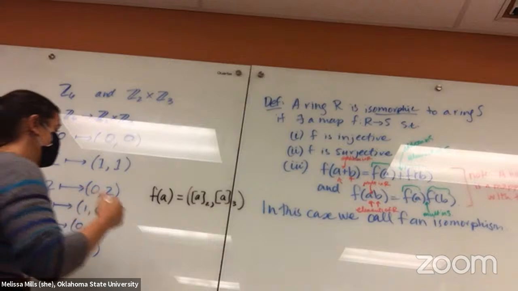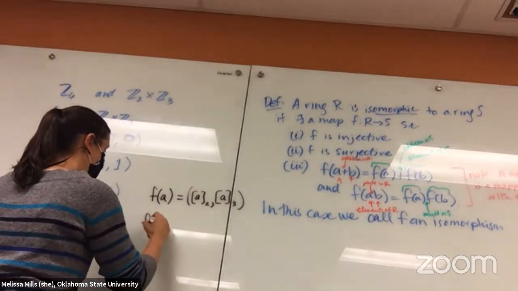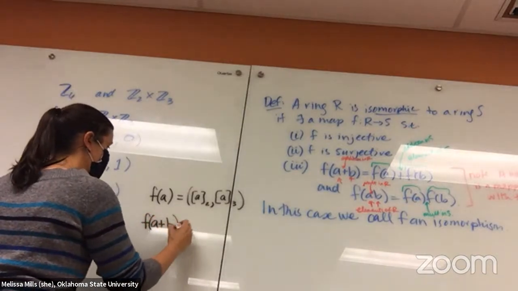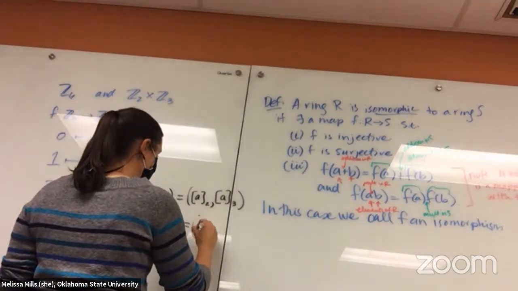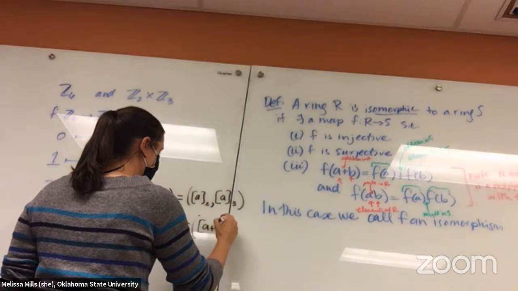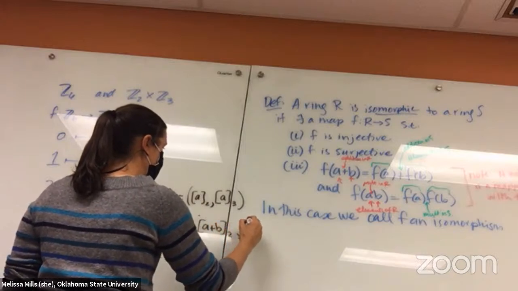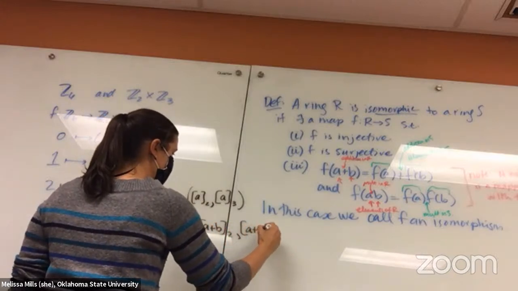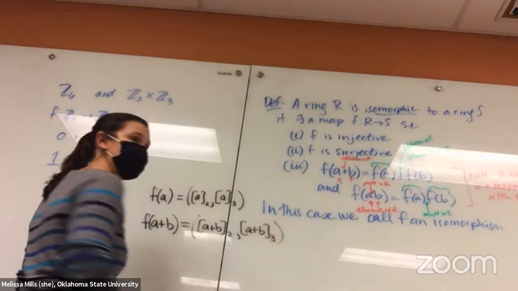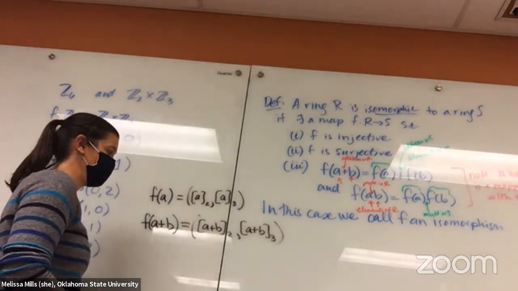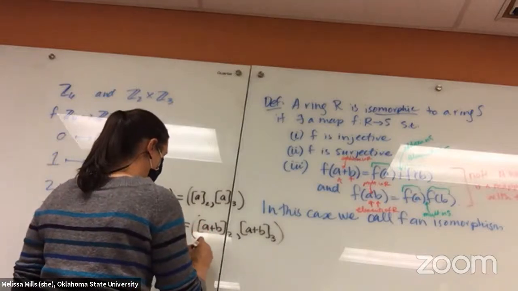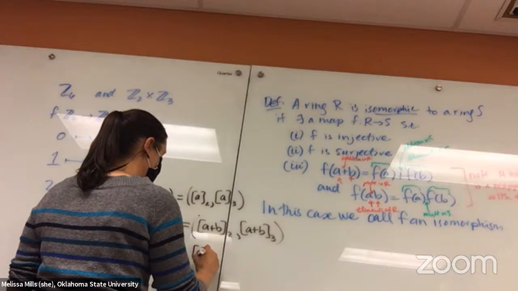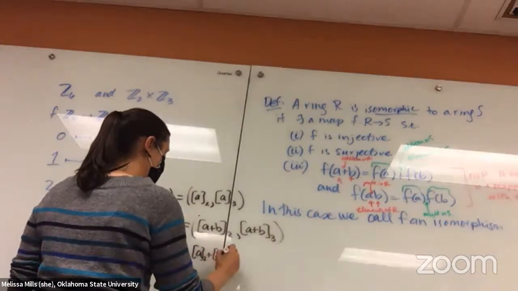Let's check. If I did F of A plus B, what does that equal? That equals A plus B mod 2, and then A plus B mod 3. And then how does that break up? Is A plus B mod 2 equal to A mod 2 plus B mod 2?